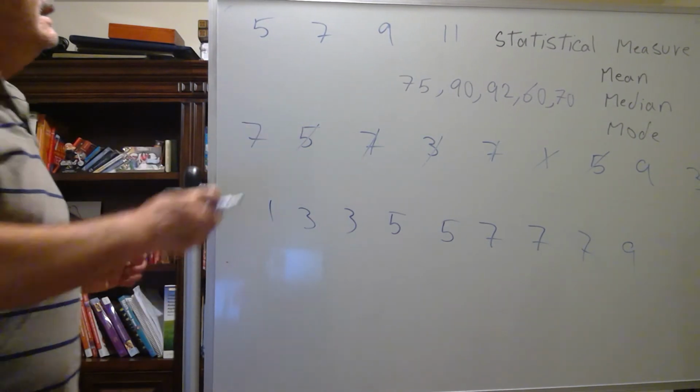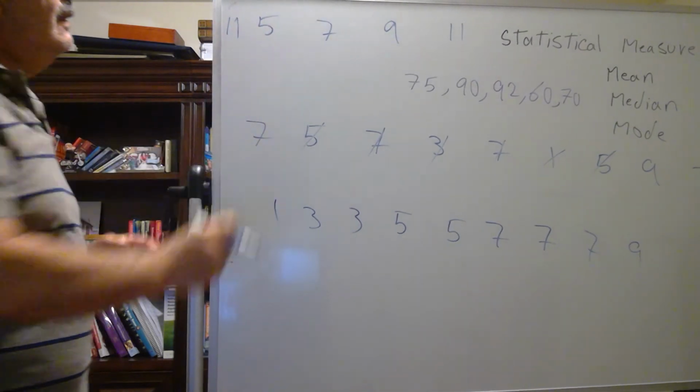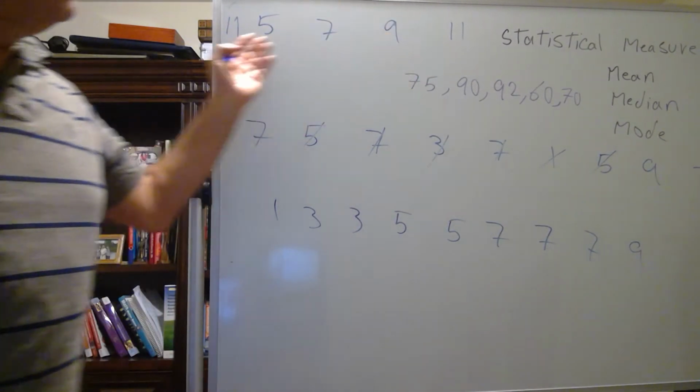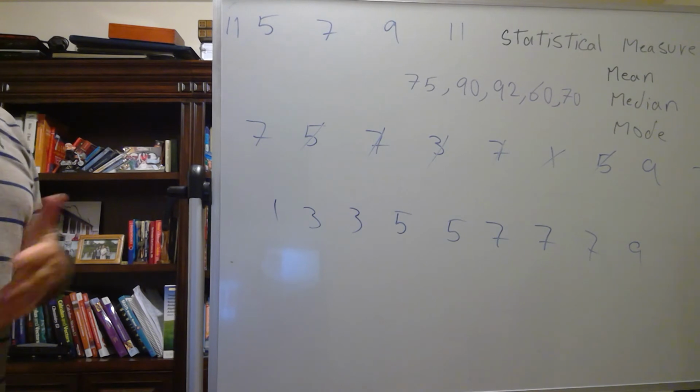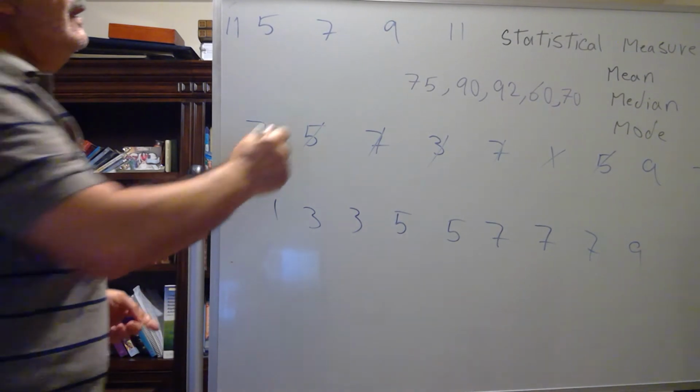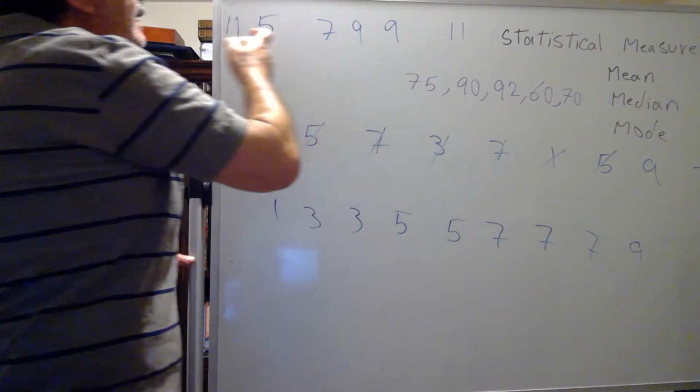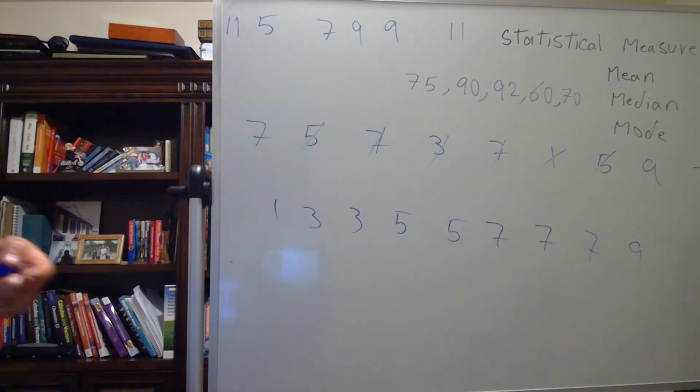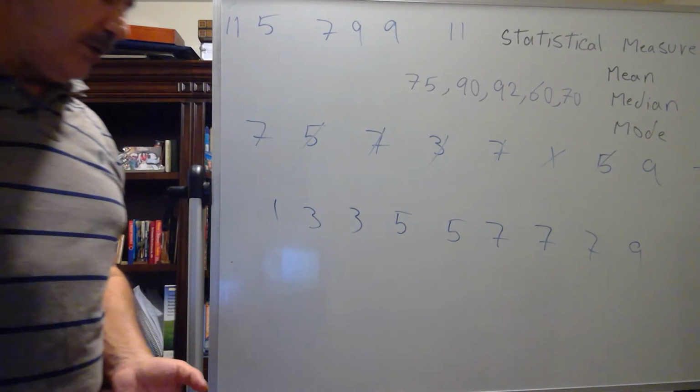But if I add 11 to this data, then because 11 is repeated twice, 11 is the mode. If I add 9 here, then the mode is 11 and 9, because both of them are repeated twice. Okay, this is the meaning of mode.